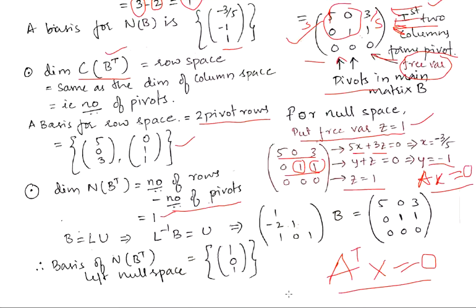So what is the question? B is equal to LU form they have given, right? So I can take this L this side. So that is L inverse B equal to U. Okay, so I can write in this form, fine. Is this equation equal to the A transpose X is equal to 0 form?